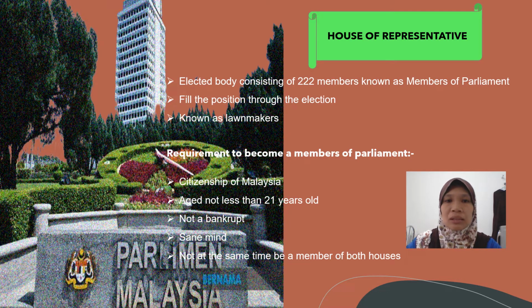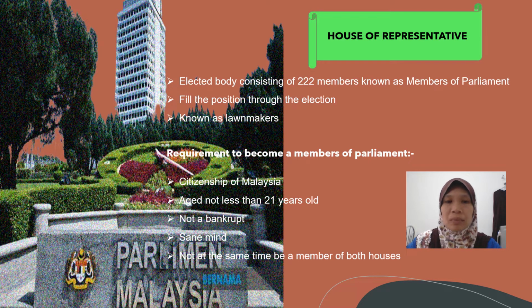To be eligible as a member, the person must be a citizen of Malaysia, aged not less than 21 years old, not a bankrupt, and of sound mind, and a member shall not be a member of both the House of Representatives and the Senate at the same time.